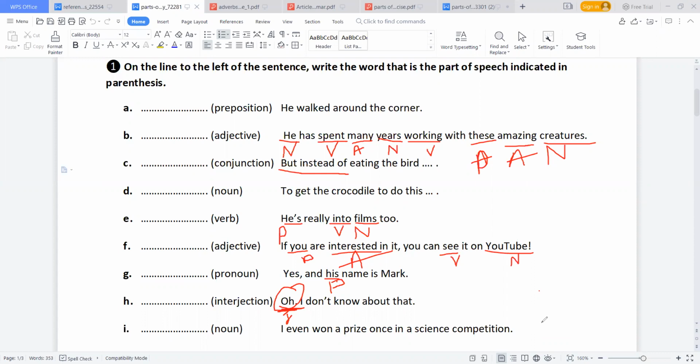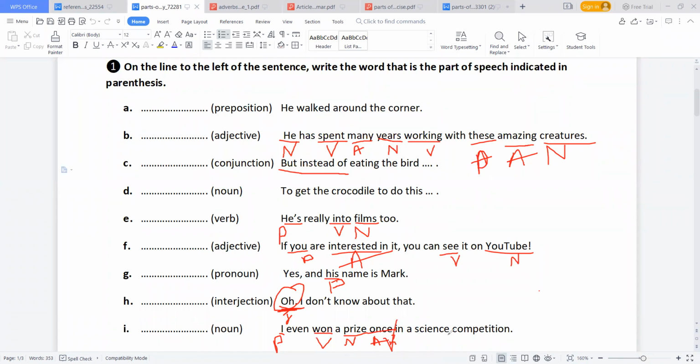Now let me tell you, I is again a pronoun. Won is a verb. Prize is a noun. Once describes that I won a prize once, only one time. So once is a word describing the verb, that means it's an adverb.